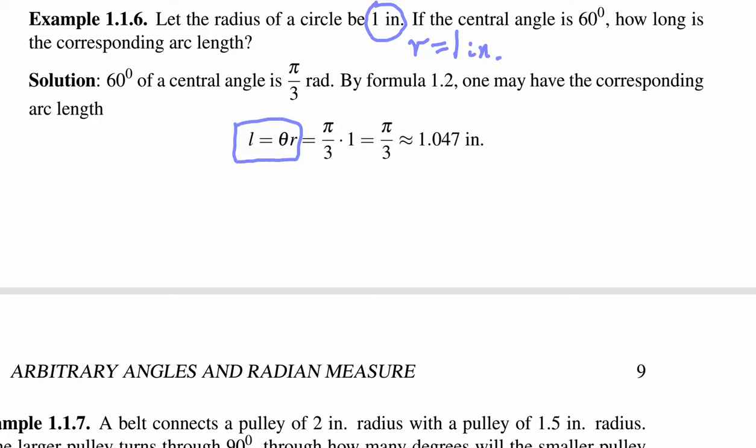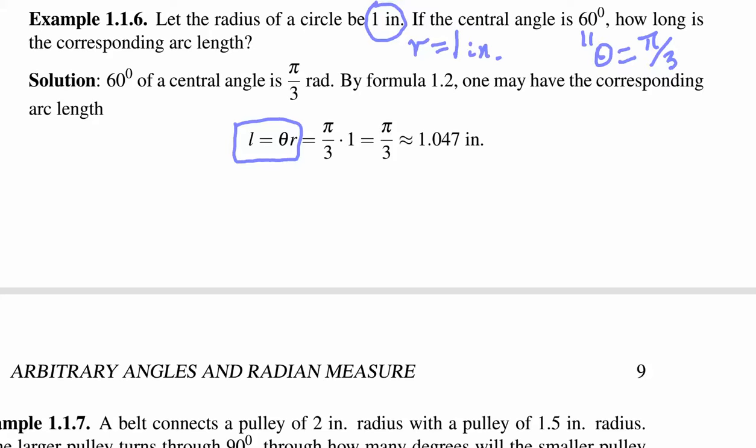And then we also know the angle theta here is 60 degrees. Then we know 180 degrees is pi, then 60 degrees is 1/3 of 180. Then theta will be 1/3 of pi, so it's pi over 3.